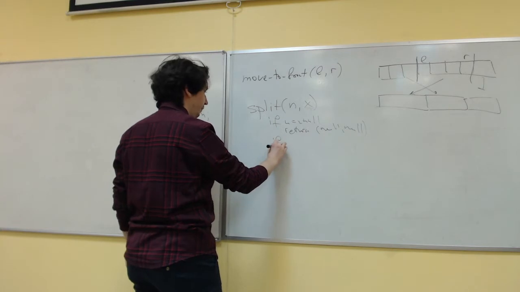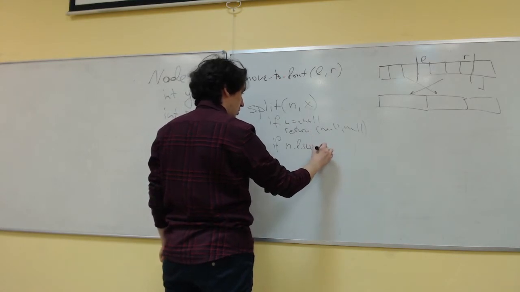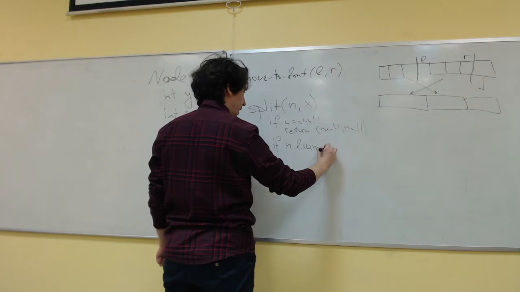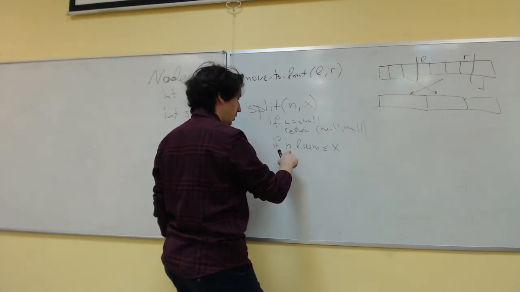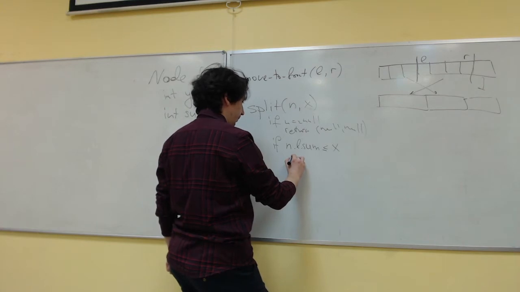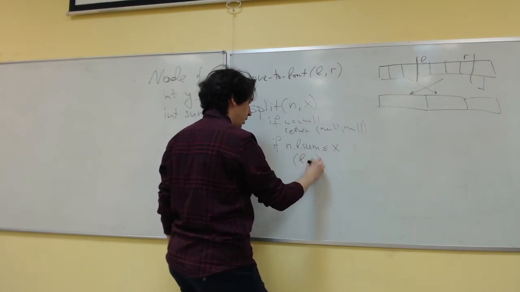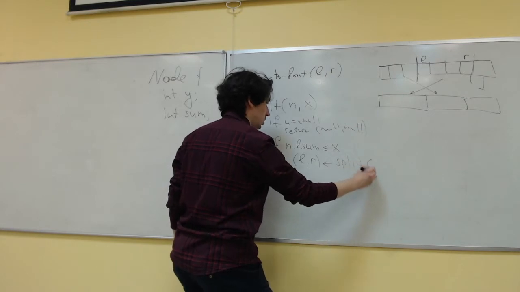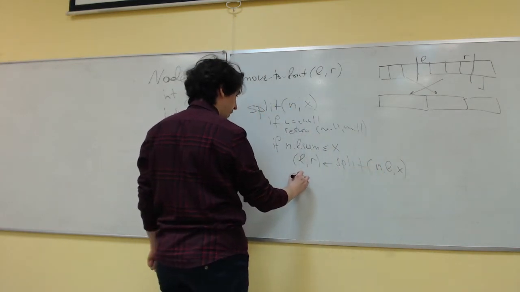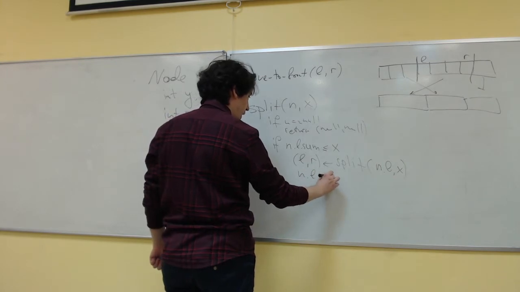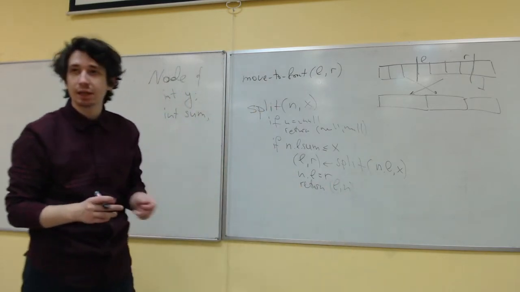Then if N.left.sum is less than or equal to X, then we split N.L. Okay, sorry. We split LR: we split N.L by X, and then we merge it together by N.left equals to right and return L and N. Okay, this is exactly the same as we did before.